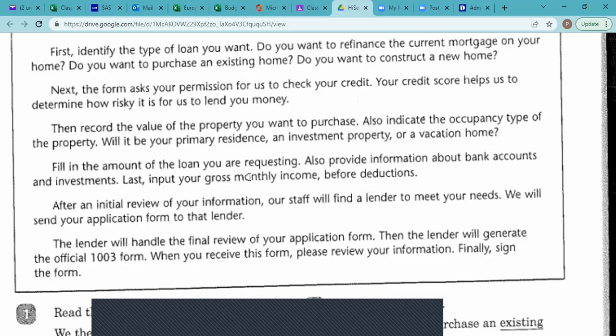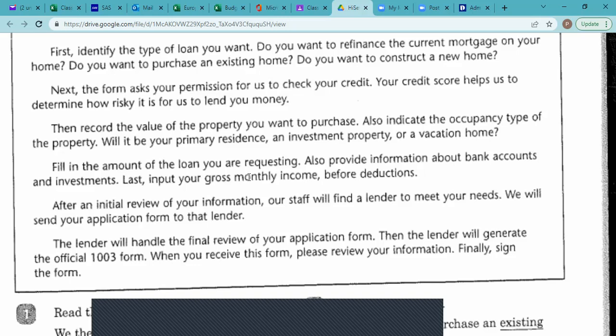Also provide information about bank accounts and investments. Last, input your gross monthly income before deductions. After an initial review of your information, our staff will find a lender to meet your needs. We will send your application form to that lender.